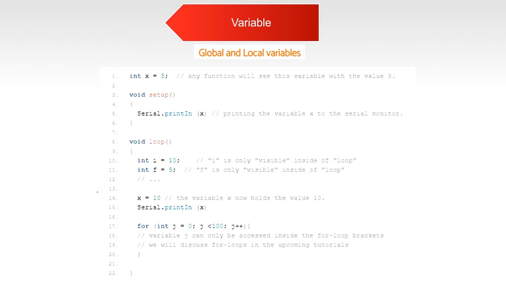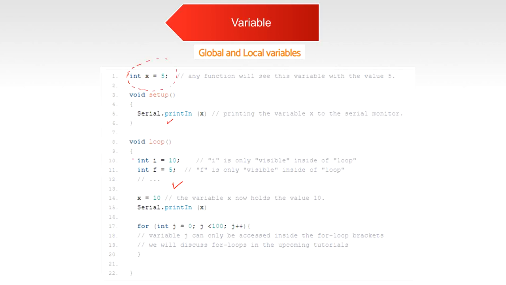So basically this is the way that we define the variable. If we put the variable at the top of the programming structure, meaning not inside the setup function or the loop function, then in this particular case x equal to 5 will be recognized inside the setup and inside the loop. This is what we call a global variable.